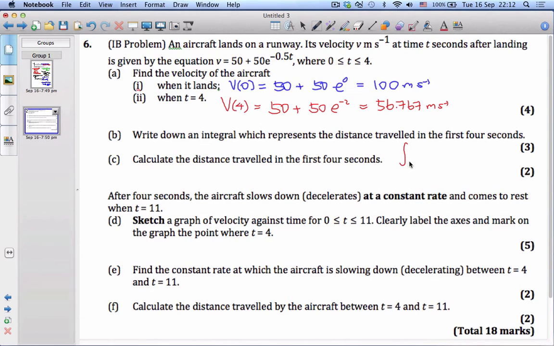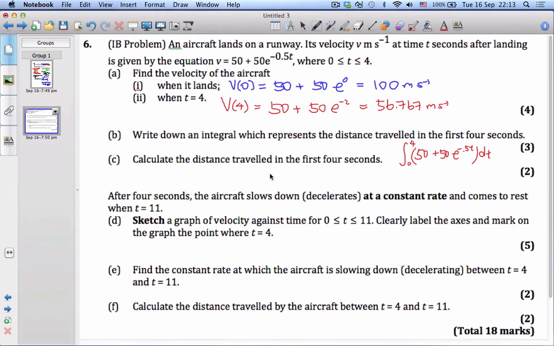So here's 0 to 4, 50 plus 50 e to the negative 0.5 t dt. Maybe you should put brackets around that. That would be the integral for the distance traveled. In this case, that'll be the same as displacement because you're always moving in a positive direction. Think about it, it's an airplane landing, so it's not going to change directions.